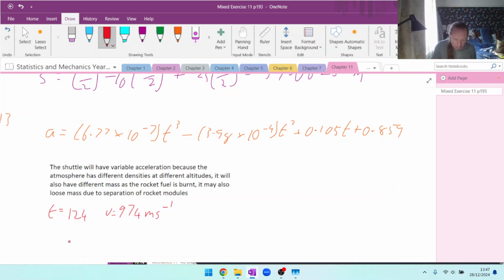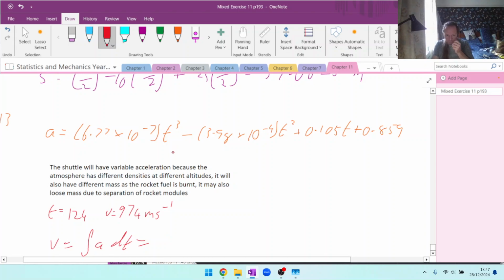Okay, well, velocity is equal to the integral of acceleration with respect to time, so we just need to do the integral of that. So we will be increasing the power and dividing by the new power.